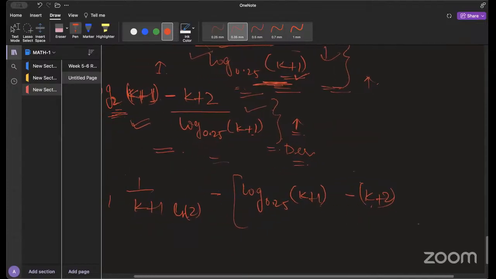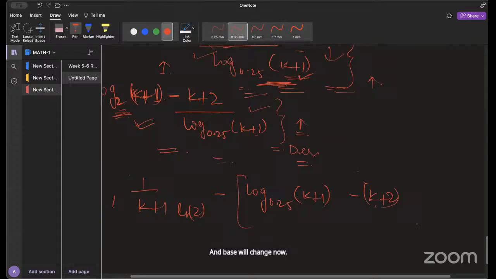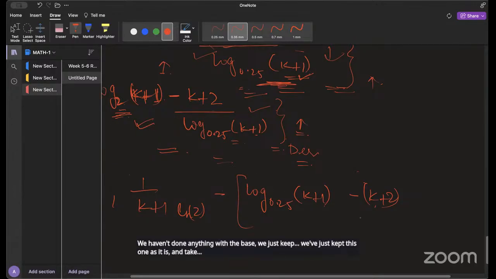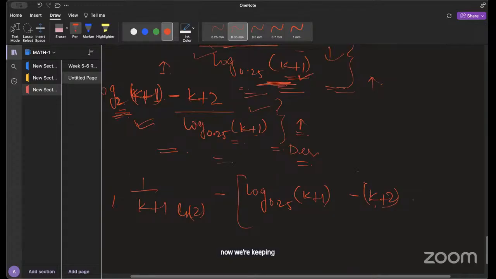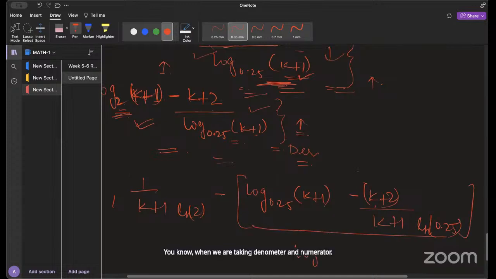We haven't done anything with the base. We just kept this one as it is and taken the derivative of this. And now we're keeping this as it is and taking the derivative of this. This will be it.